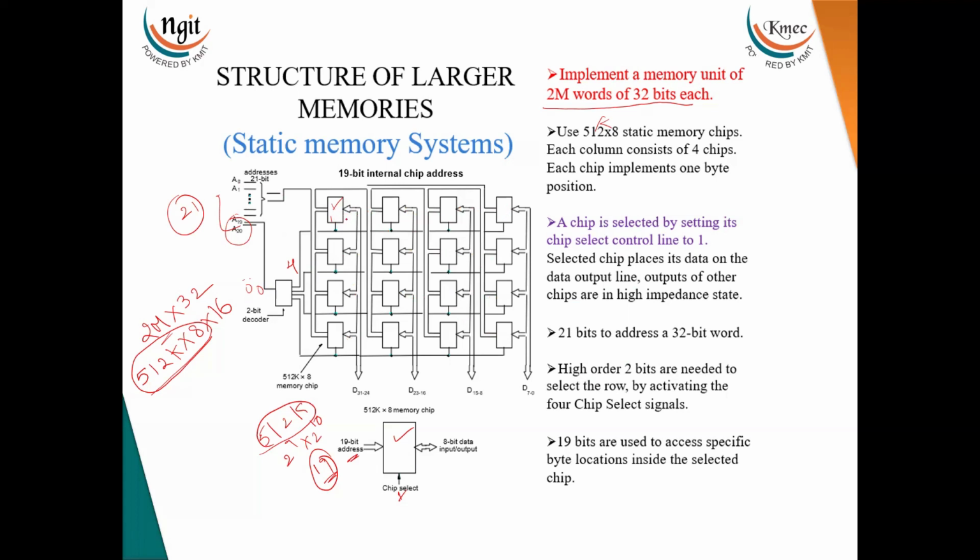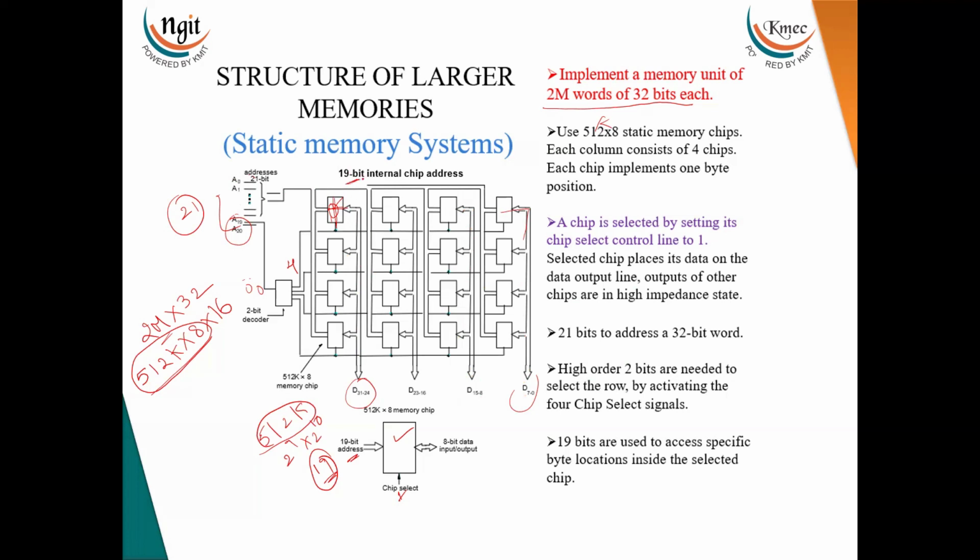Now again in this we need to select a row and column by giving the address lines. Depending upon those address lines, it will select the rows and columns, and then it will place the 8 bits of information on the data bus. From this chip, 8 bits will be placed on the data bus, and from this chip, 8 bits will be placed on the data bus, depending upon these 19 address bits.